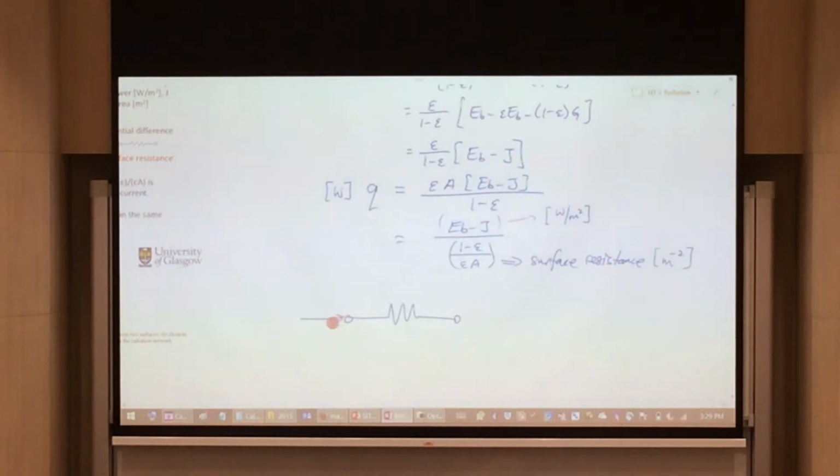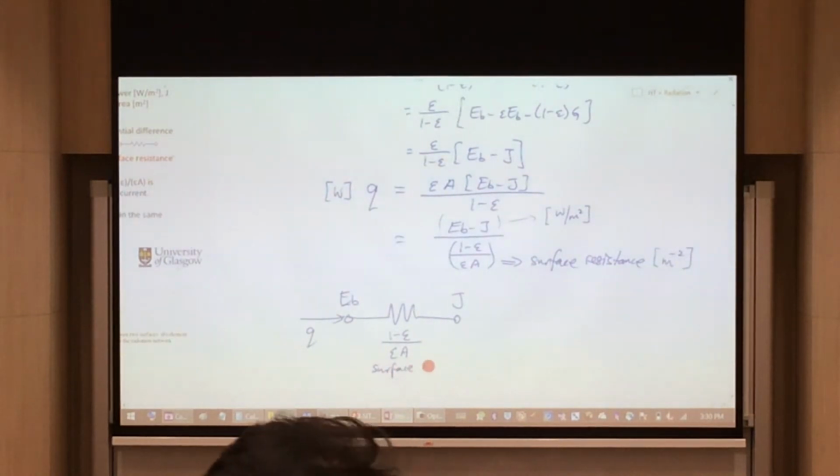You have, again, your Q, that's just like current flowing through it. EB, which is your emitted energy due to the black body surface. J here is your radiosity. And your so-called thermal resistance is now called surface resistance, and is given by 1 minus epsilon divided by epsilon A. So this is your surface resistance.